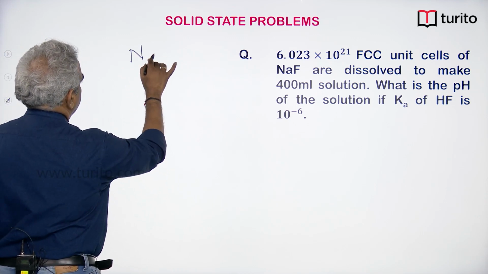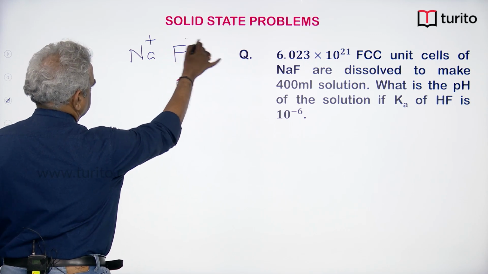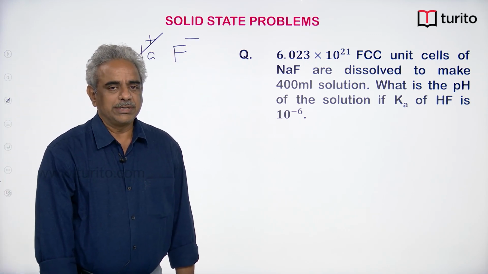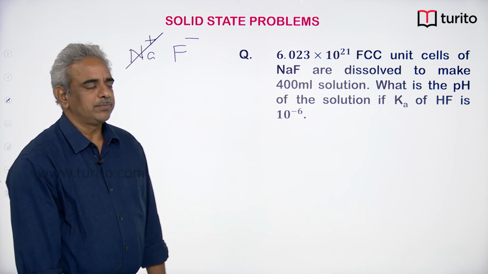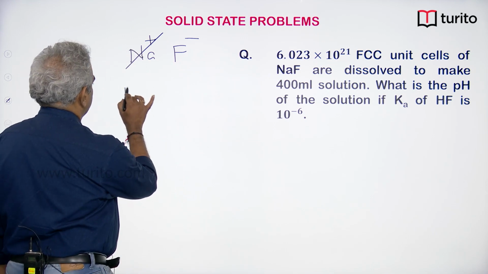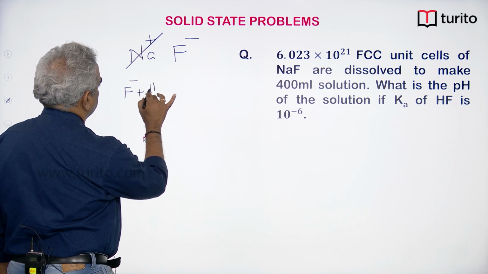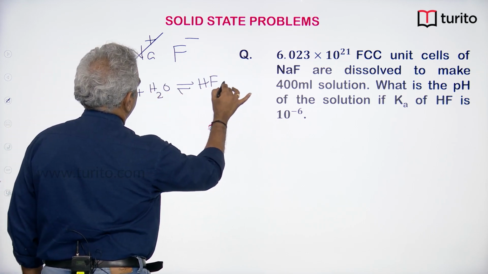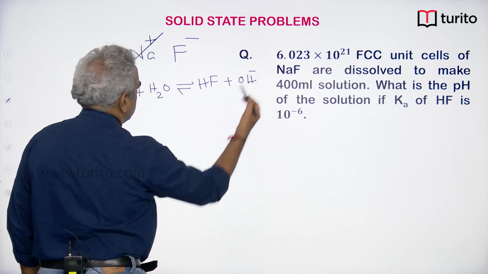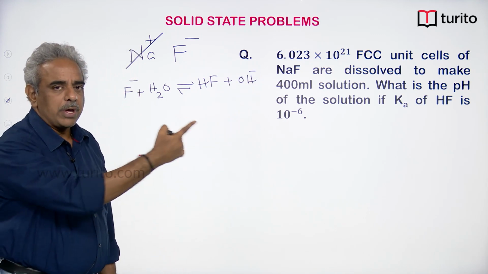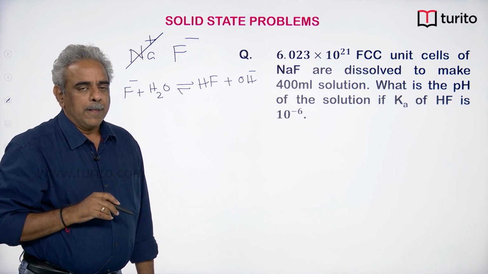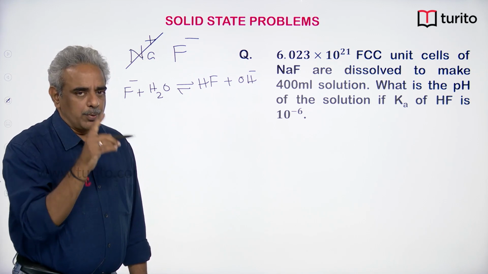So, sodium fluoride, Na plus, fluoride minus. As we all know, sodium plus cannot undergo hydrolysis. Then who will undergo hydrolysis? Fluoride. So, fluoride plus water gives HF plus OH minus. And what is the concentration of fluoride we have obtained in the previous discussion? 10 power minus 1 means 0.1.